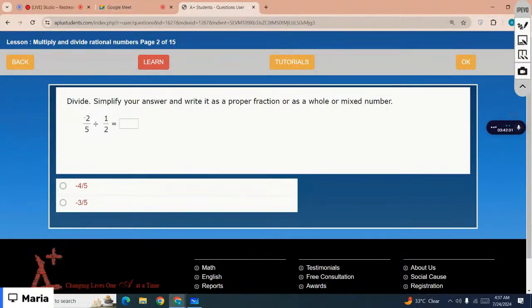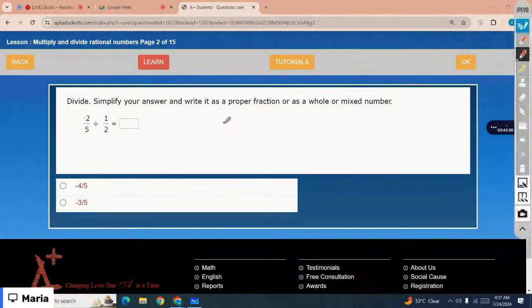Okay, divide negative 2 by 5 divided by 1 over 2. So you have to do negative 2 over 5 multiplied by the reciprocal.